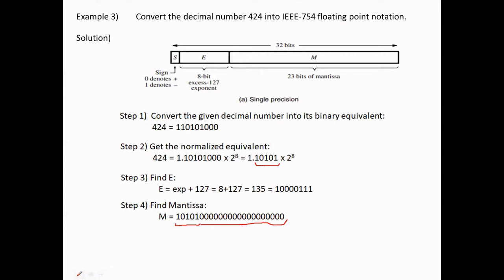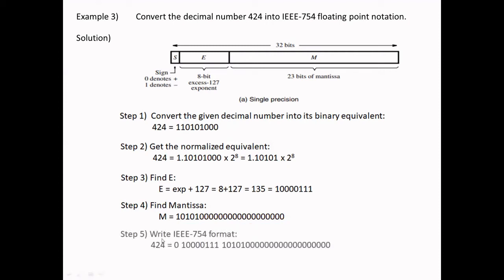Now that you have this, write the whole format. The sign bit is 0, the exponent capital E we got is filled in 8 bits, and this is the 23-bit mantissa. Directly we have written it here.